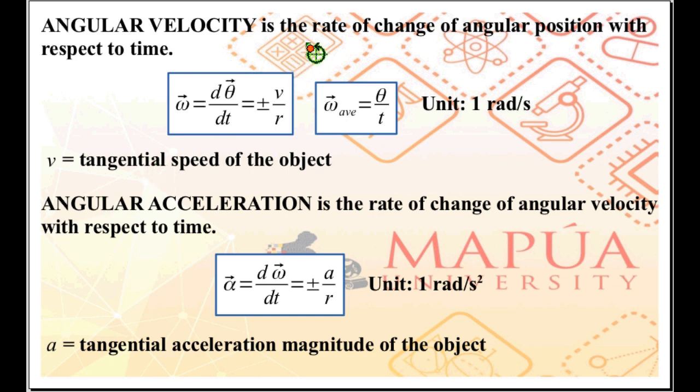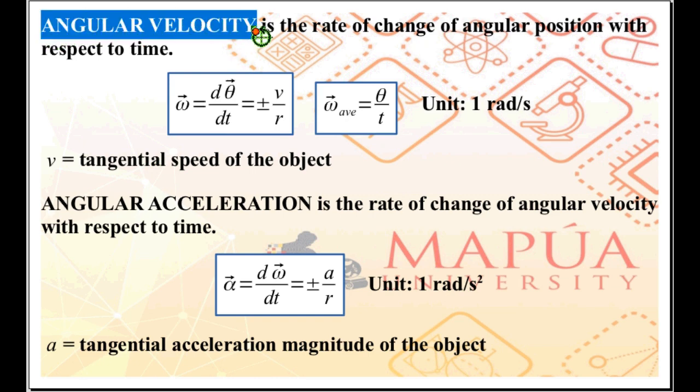If we take a look at how fast the angular position is changing, we have angular velocity, the rate of change of angular position with respect to time. And calculus tells us that the rate of change with respect to time is just d over dt, differentiation with respect to time. So we have angular velocity, omega.